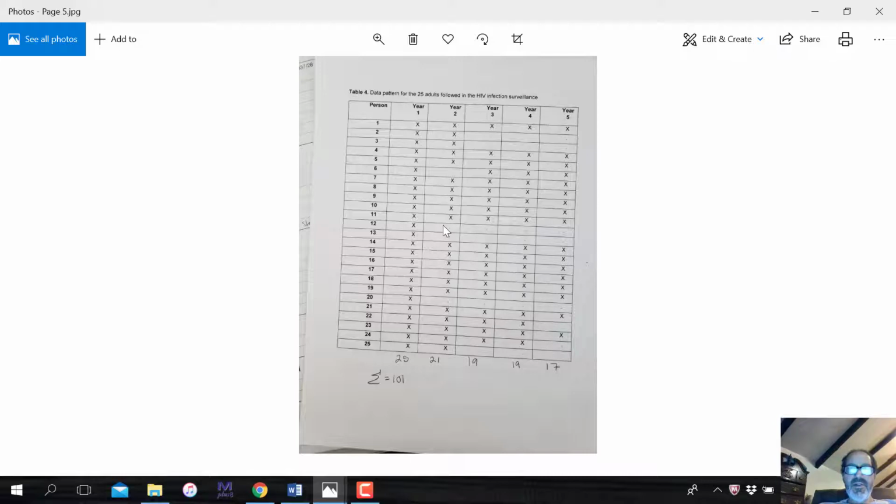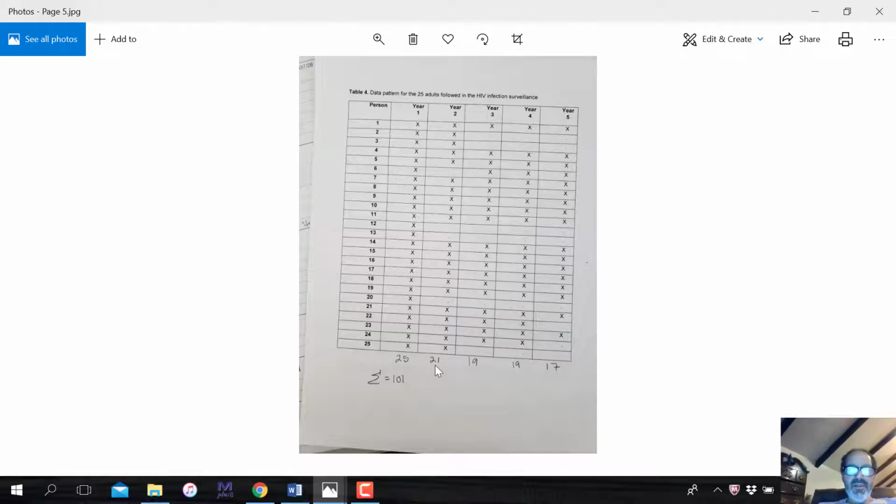Now, as is the normal case, people end up being lost to follow-up, or they are missing for some reason or another. Like this person here, person 12 was here for the first year, but then dropped out of the study for whatever reason. Or they could have passed away. In the second year, we have 4 dots, and dots are the universal term for missing.